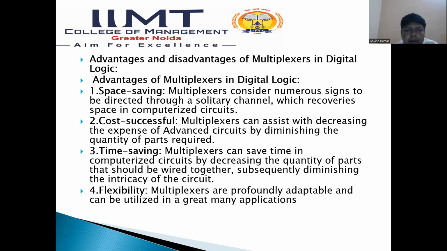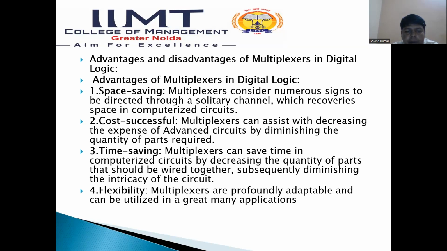First, space saving: multiplexers allow numerous signals to be directed through a single channel, which saves space in a digital circuit. Cost effective: a multiplexer can help with decreasing the cost of a digital circuit by decreasing the quantity of wires required. Time saving: a multiplexer can save time in a digital circuit by decreasing the quantity of parts that must be wired together, thereby decreasing the complexity of the circuit.